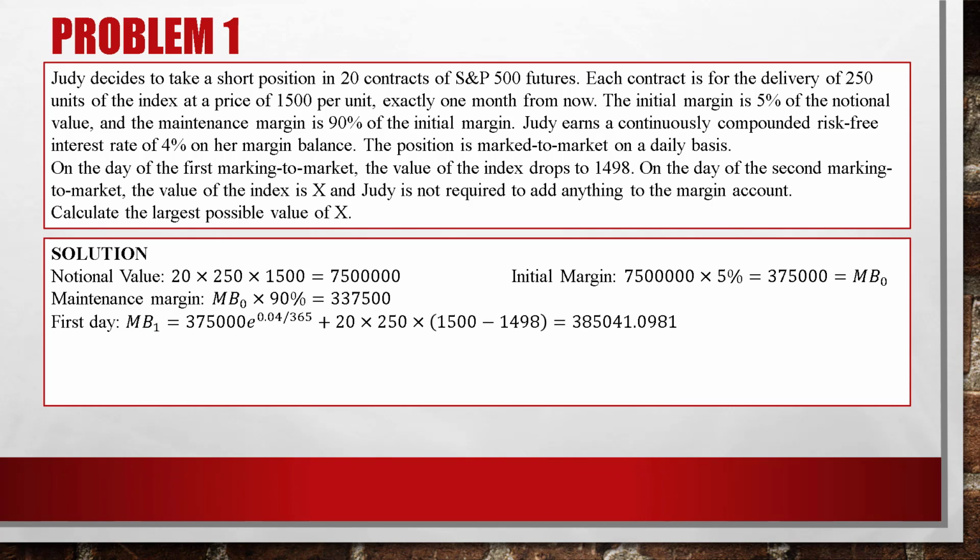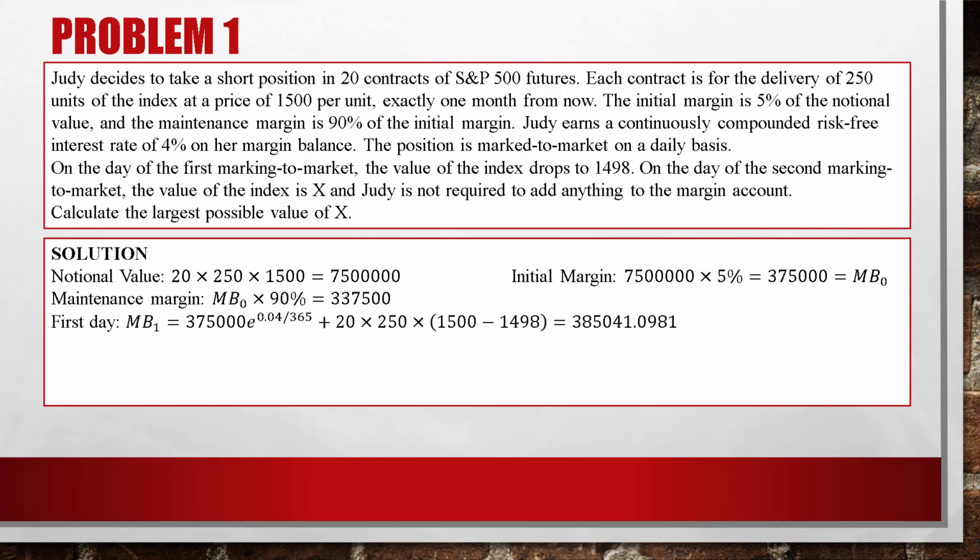The first day, we get MB1 representing the margin balance on the first day. Remember, in a year, we have 365 days. So T here is 1 over 365 because we consider 1 day.